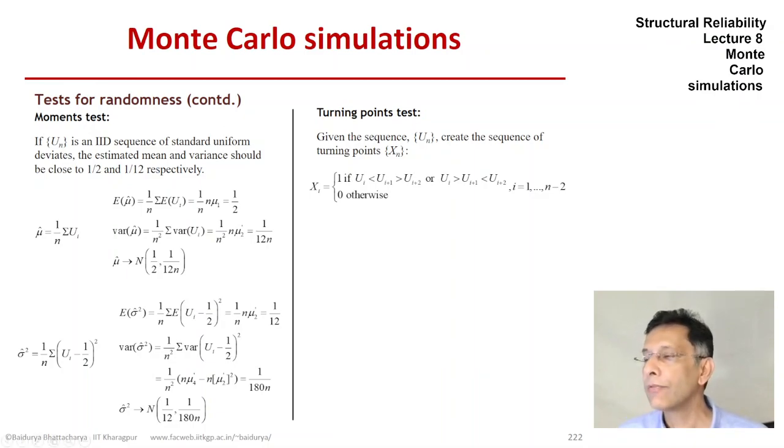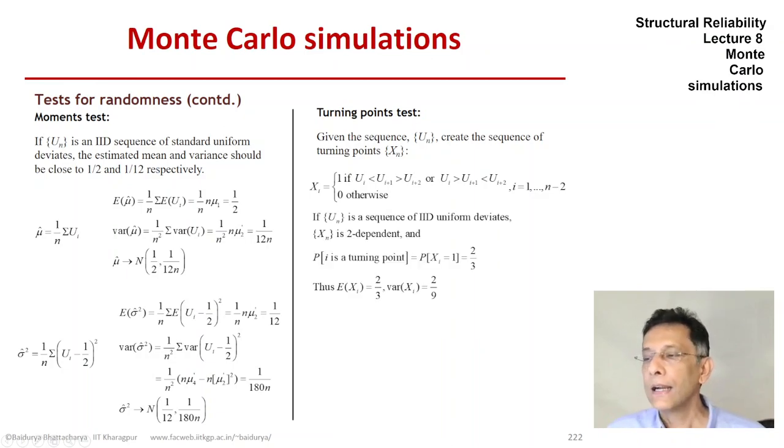So we have n minus 2 such points, turning points, from a sequence of size n, and if this original sequence u is an IID sequence of uniform deviates, then this turning point sequence is actually no longer an independent sequence, it is 2-dependent.